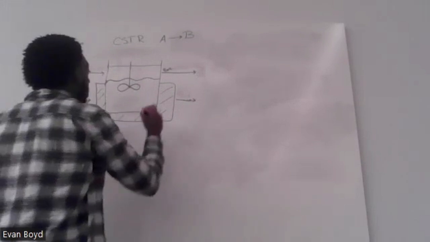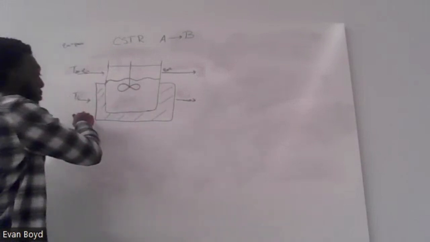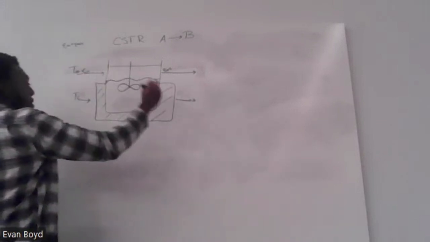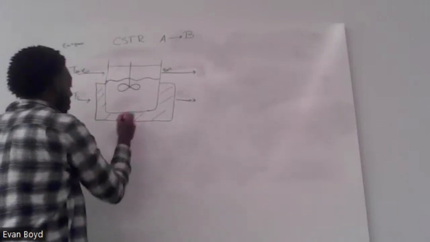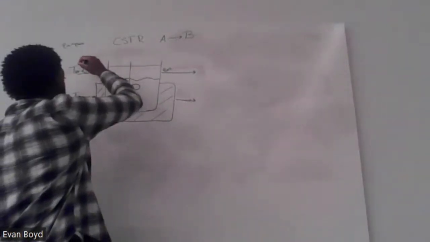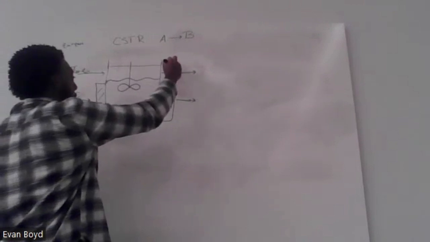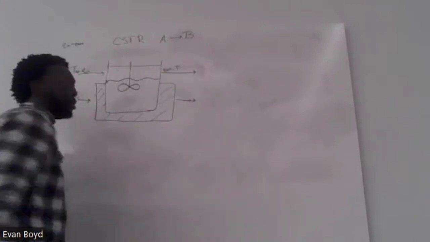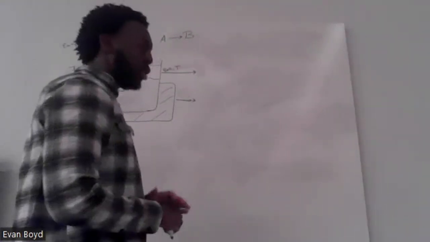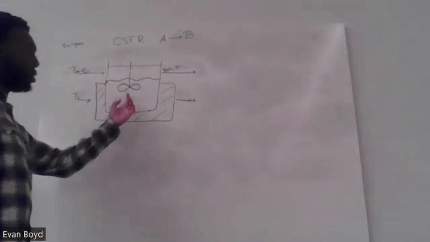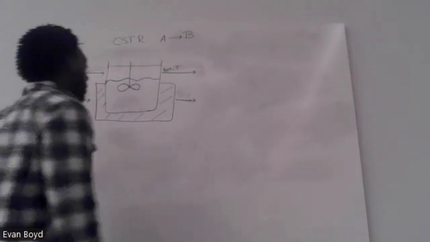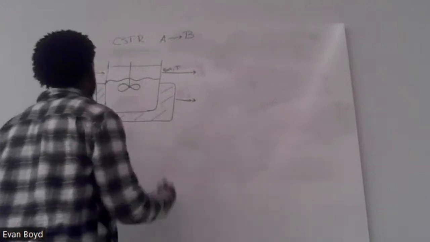We know the coolant temperature is also constant, so this is TC throughout the whole process. We do have a temperature change between entering and exiting, because the exiting mixture will be cooler due to the coolant.